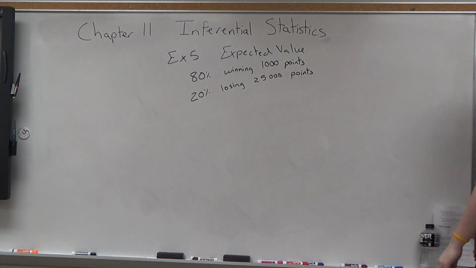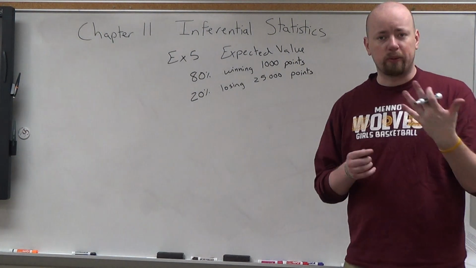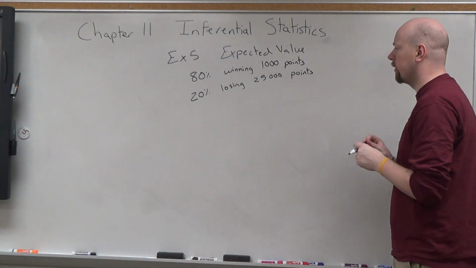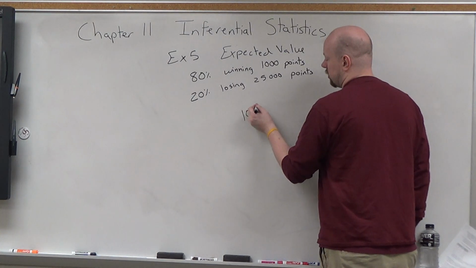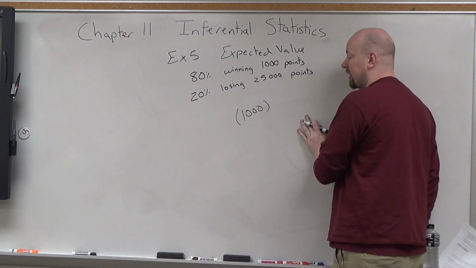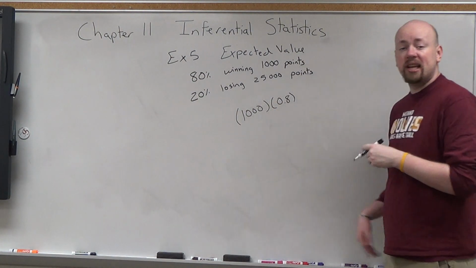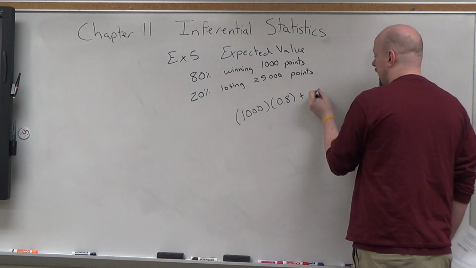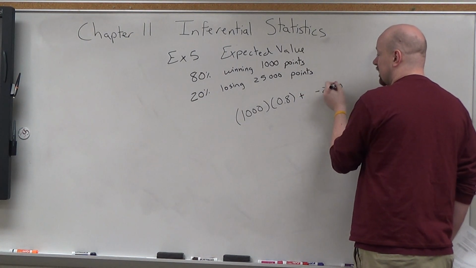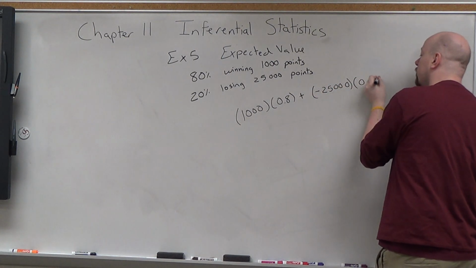Okay. What do you do? Well, you would just do the expected value and see if it would be profitable for you in theory, in the long run, right? So my value would be 1,000 times the probability that I would get 1,000, so 0.8. Make sure to convert that to decimal. Plus my negative 25,000 because it says losing points, and I would multiply that by the probability, so 0.2.